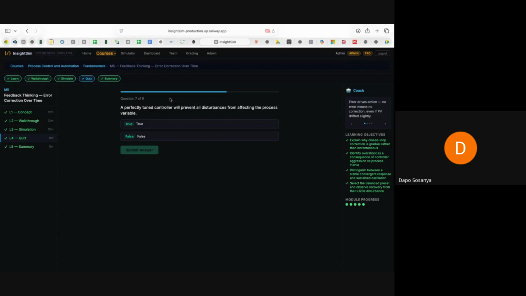A perfectly tuned controller will prevent all disturbances from affecting the process variable. True or false? False. Okay. So I have three false here.